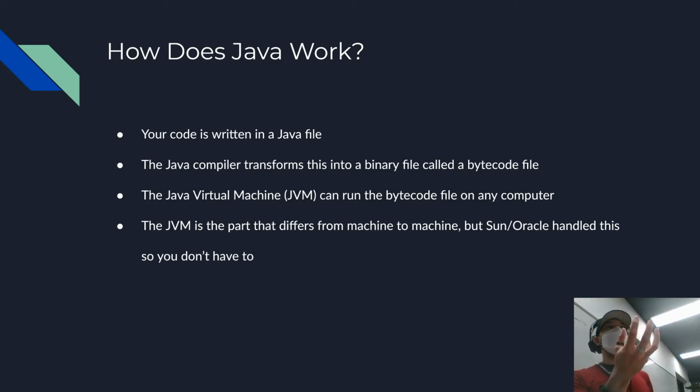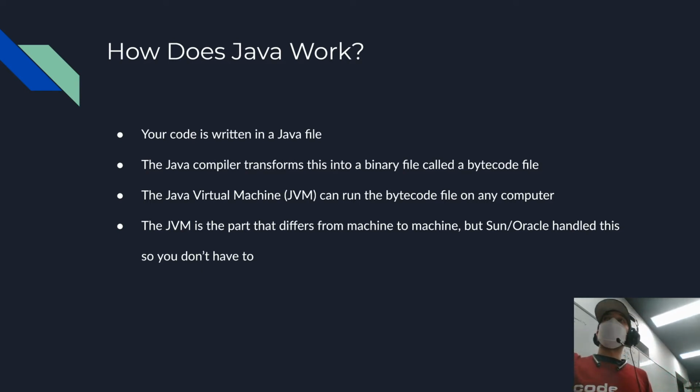And that computer runs your code, okay? And the creators of Java have written that code to work on all the different machines. So they did that part so you don't have to. So thank you to Sun and Oracle for making our lives a little easier. Sun being the company that created Java, Oracle being the one who owns it now.